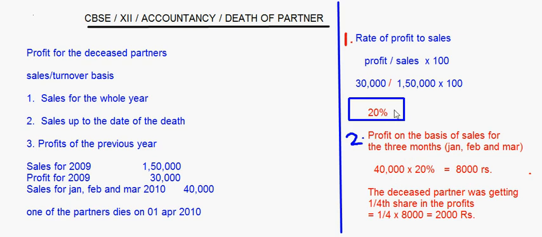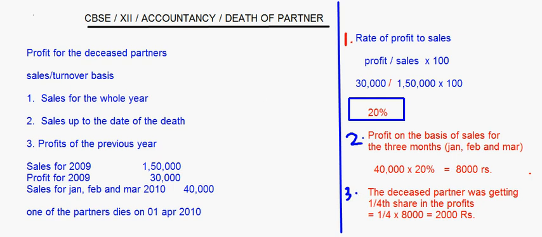So this percentage of sales you have already found out. So in the question they would have given the sales up to the date of death. So from there you can find out the profit up to the date of death, and then whatever share the deceased partner was entitled to, that you will find out. That will be your third step, right?